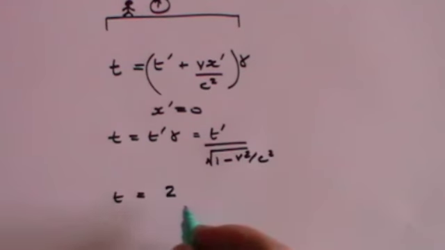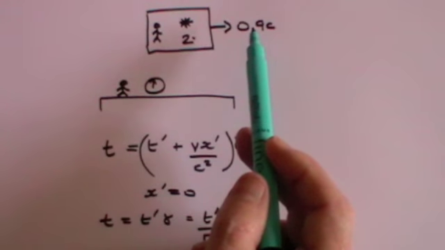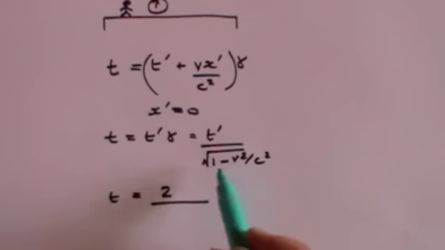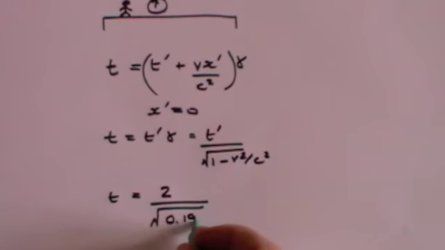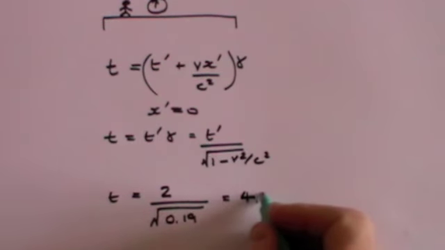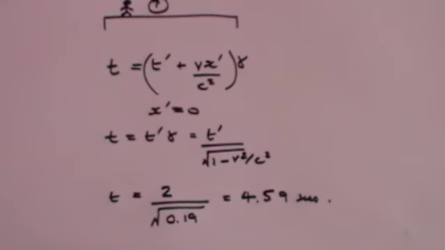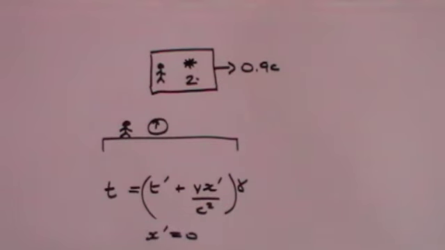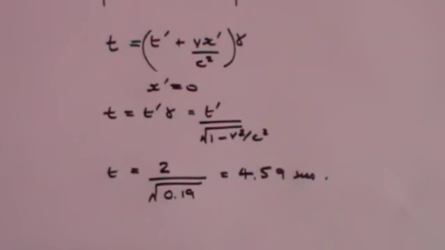So t is 2 divided by the square root of 1 minus v squared over c squared. Well, that's going to be 0.9 squared, which is 0.81. 1 minus 0.81 is 0.19, and the square root of that comes out to approximately 0.436, so t is approximately 4.59 seconds. So what we're saying is that Alice measures the light as taking 2 seconds, but Bob measures the light to be on for 4.59 seconds.